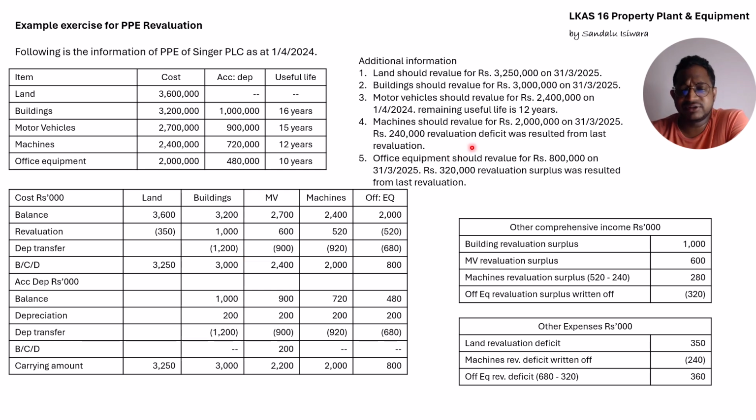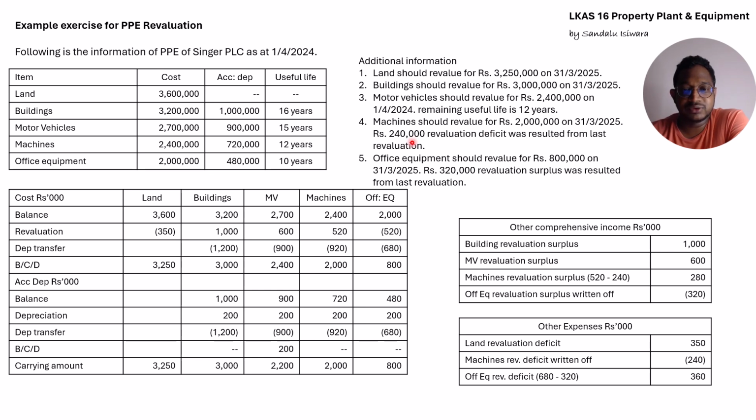After the revaluation, the remaining useful life of those motor vehicles is 12 years. The new value of the motor vehicle is 2400, so 2400 divided by 12 years gives you the current year depreciation of 200.